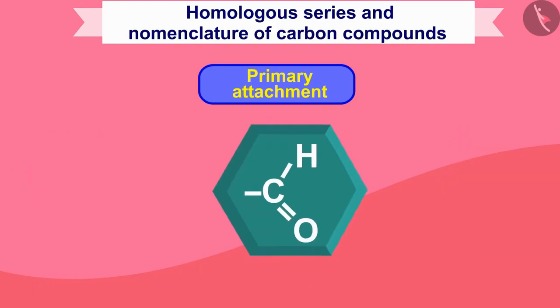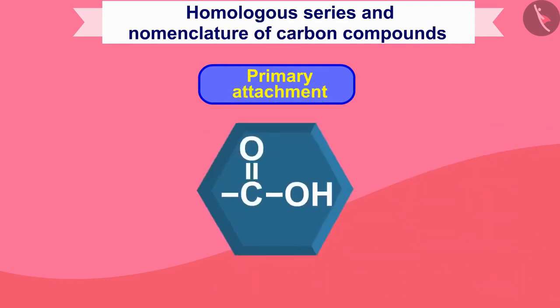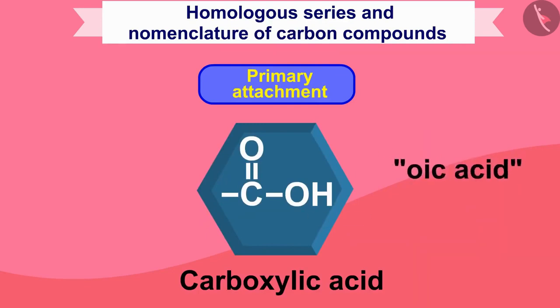If you see CHO, that is aldehyde, you will write al for it. If you see COOH, this is carboxylic acid. For this, we will say oic acid.